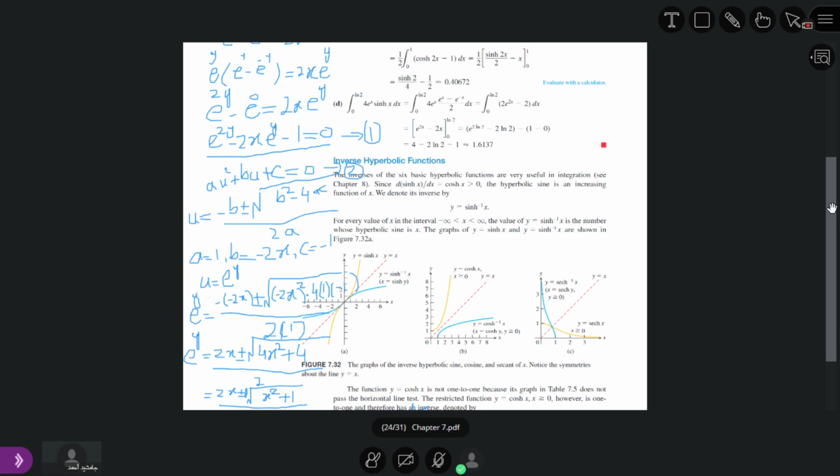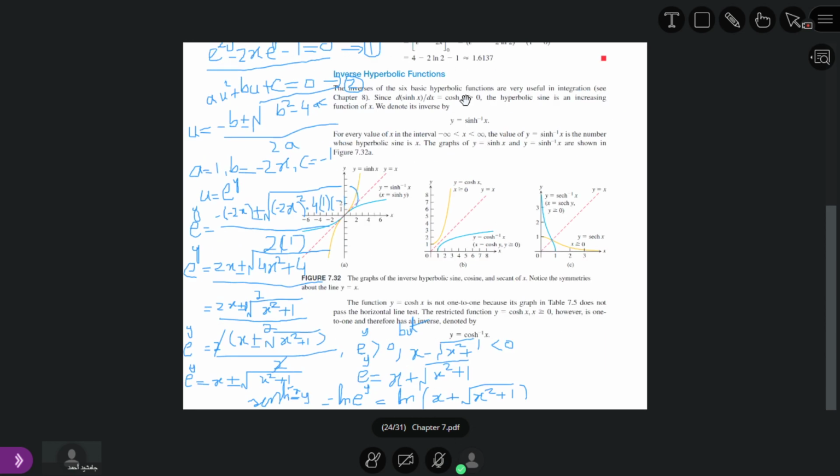Thus sine hyperbolic inverse x is equal to ln of x plus square root of x square plus 1.